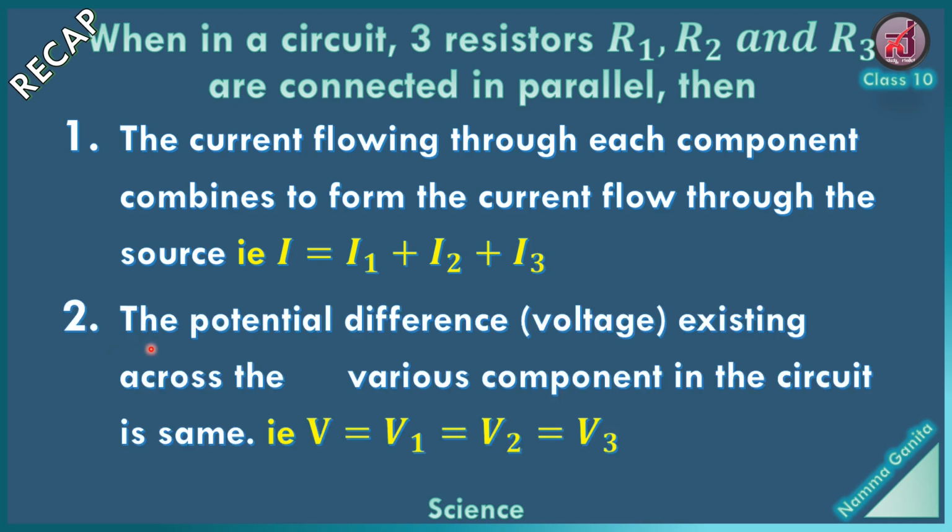Second point, the potential difference or voltage existing across the various components in the circuit is same, that is V is equal to V1 is equal to V2 is equal to V3.